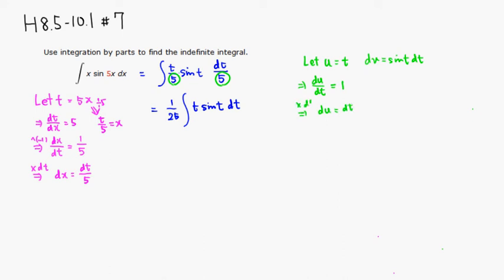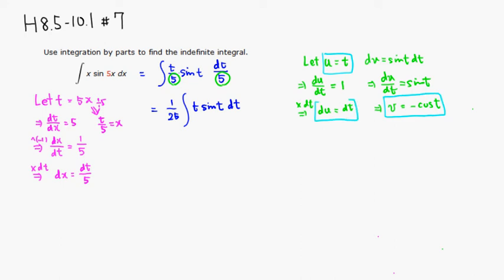And dv over dt is sine of t. Then we can take the antiderivative to get v back, which is negative cosine of t. So we're going to need u, v and du.